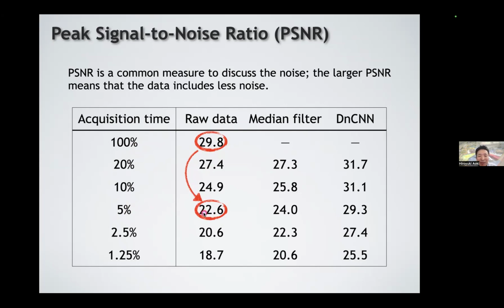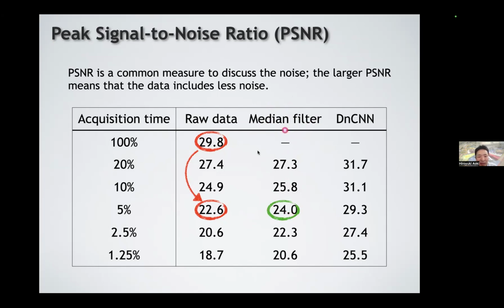We sometimes use the median filter to remove noise from an image or one-dimensional signal like this. The median filter works well, but the improvement is quite limited.